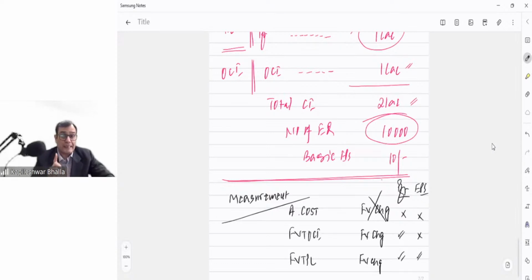When you consider fair value changes through other comprehensive income, the fair value changes enter the OCI. So it definitely affects the profits of the company, but there is no impact on the EPS. And when you consider fair value through profit and loss, again, the fair value changes are taken in the P&L section, impacting the profits and the EPS. I hope I'm very clear on the three measurement bases, friends.